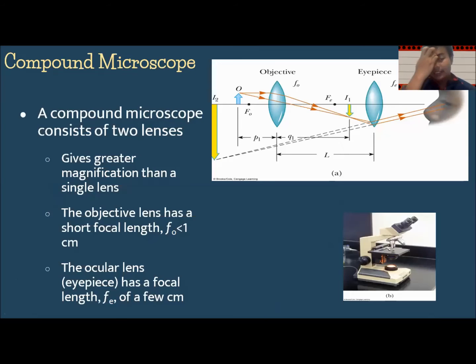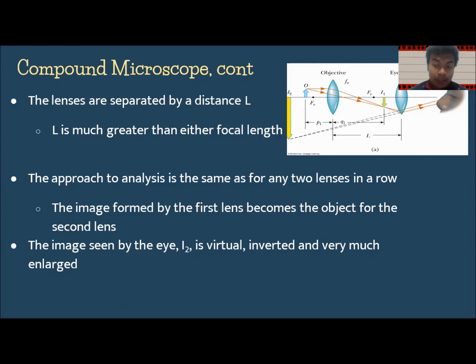The second is the objective lens, which has a short focal length, or fo, less than 1 centimeter. And the last is the ocular lens or eyepiece, which has a focal length, fe, of a few centimeters. Right now, I will tell you about the compound microscope in detail.